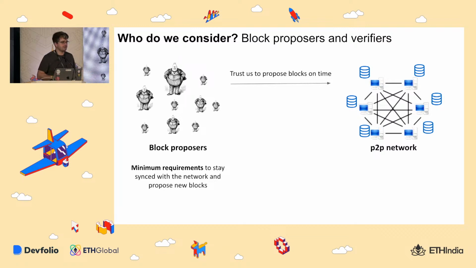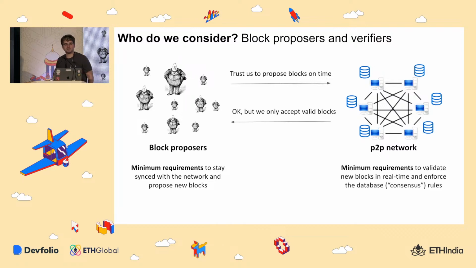In Ethereum, what are the minimum hardware requirements or bandwidth requirements to join the proof of stake protocol? What's your minimum compute, bandwidth, and storage? And as part of this, one of the parts is, can the block proposers propose the blocks on time so everyone gets a copy of it before the next block?